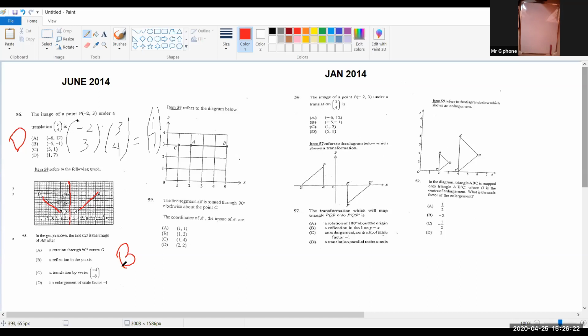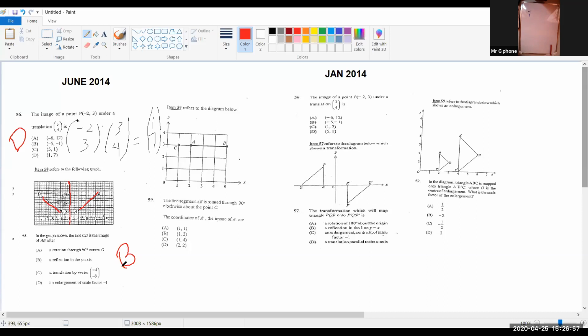People, we just did this. Anybody have an answer for me? So what are the coordinates for A?